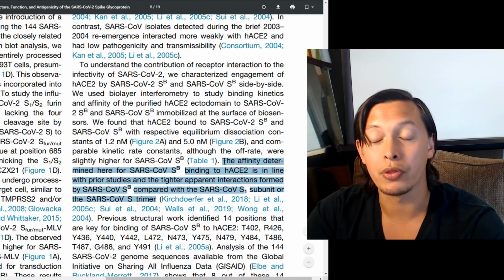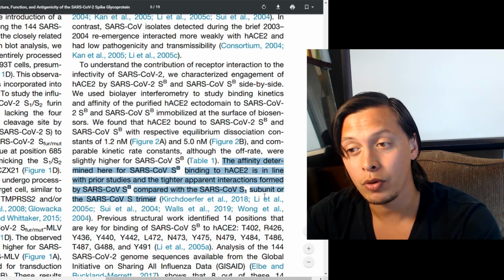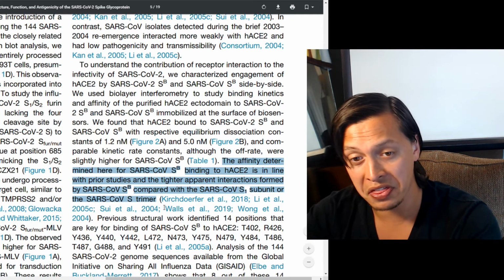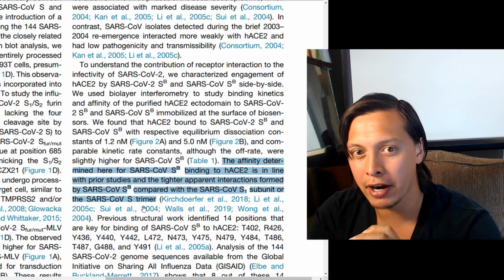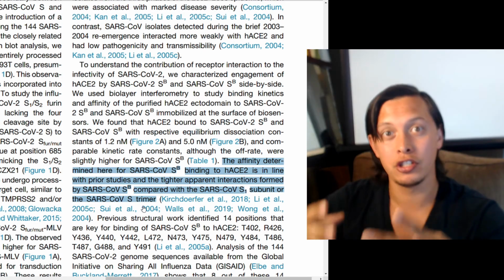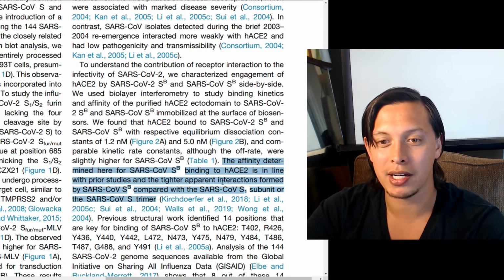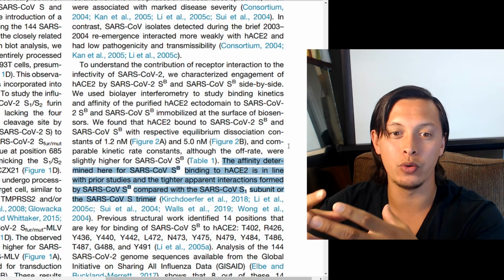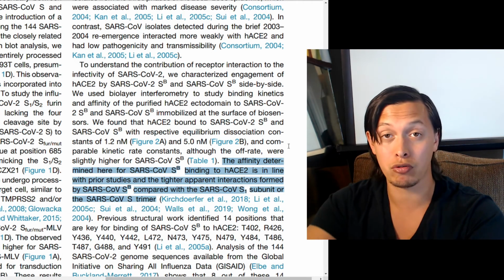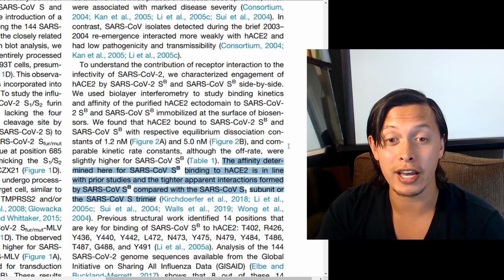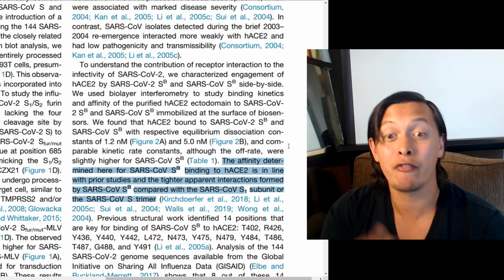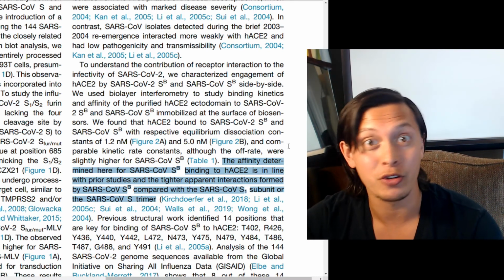So what they're saying is, when you are just dealing with this binding domain, it interacts a little bit better than if you have the entire structure. But as long as everything's being controlled and you are being straightforward with your controls, you can have reproducibility in your experiments and you can publish.